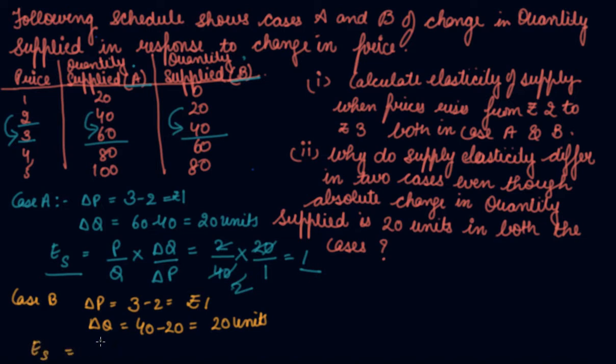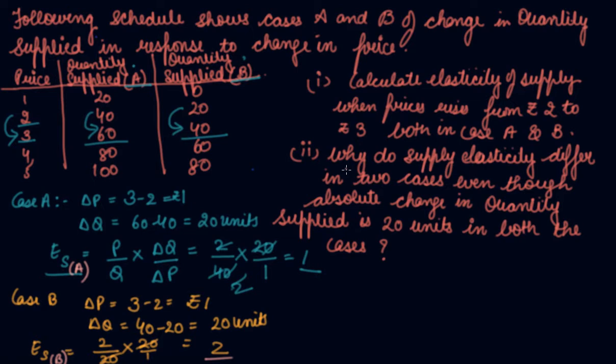Initial price was 2, initial quantity was 20. Now the change in quantity is 20 and change in price is 1. So here the elasticity of supply is 2. In case A, the elasticity of supply is 1. Elasticity of supply in case B is 2.